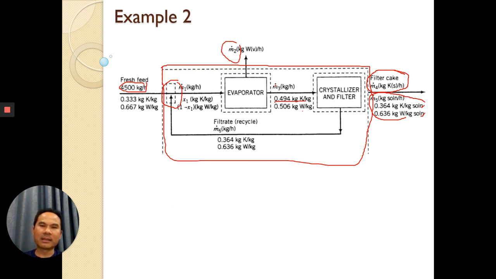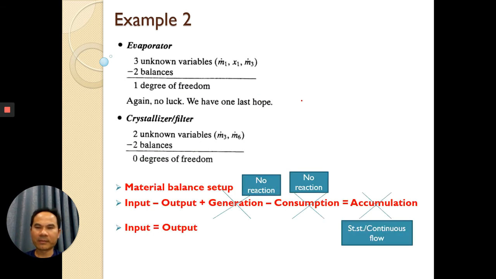Unknowns are M1, X1, M2, M3, 4 unknowns, but if you balance overall, you know M2. So the unknowns are M1, X1, M3: 3 unknowns and only 2 balance equations, 1 degree of freedom.